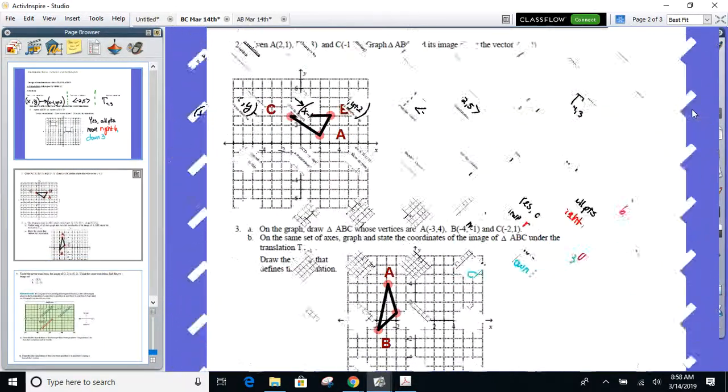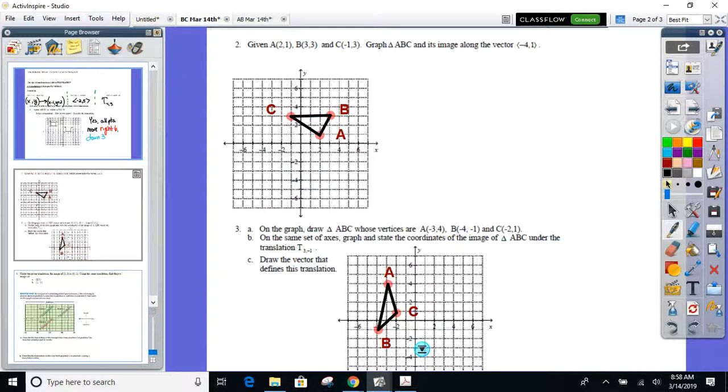All right, now let's actually move them around now. Go ahead, graph triangle ABC. All right, now I'm asking you to translate it using vector notation.